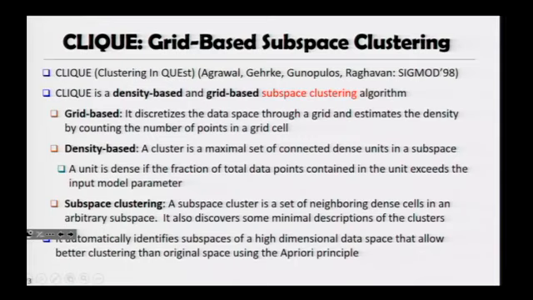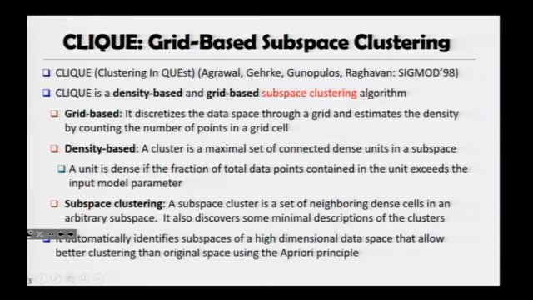A cluster in the subspace is a maximal set of connected dense units in the subspace, which is very similar to DBSCAN. A unit is dense if the fraction of the total data points contained in that unit exceeds the input model parameter, like the neighborhood radius and the minimum points in that neighborhood. And lastly, why is it also a subspace clustering? Because it looks at, first, what is a subspace cluster?